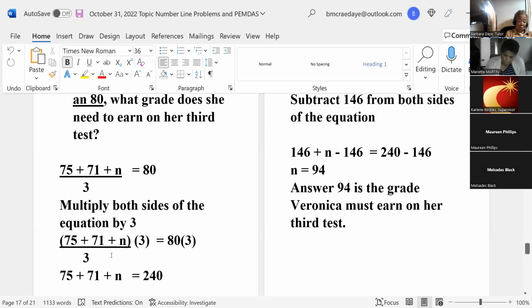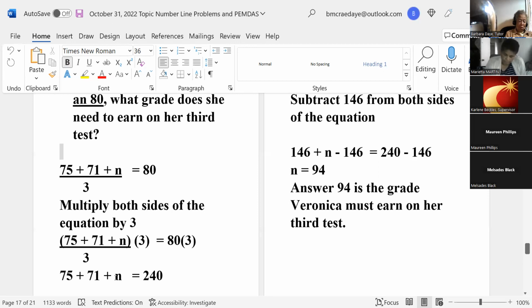So what number goes here for n? It would have to be 240 minus the sum of 75 and 71, and that's how we got the 94. Right here: 75 plus 71 plus n is 240.